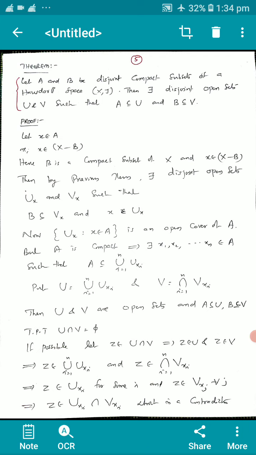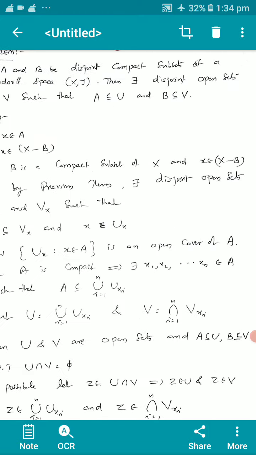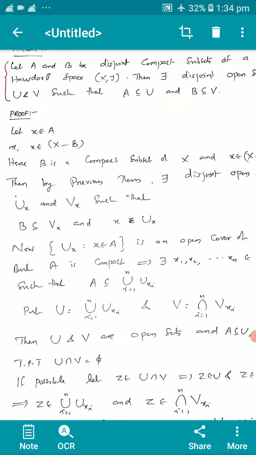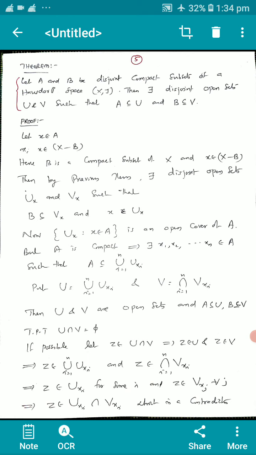Next theorem. Let A and B be disjoint compact subsets of a Hausdorff space X. Then there exist disjoint open sets U and V such that A is a subset of or equal to U and B is a subset of or equal to V. This result is important. We can discuss the proof of it.